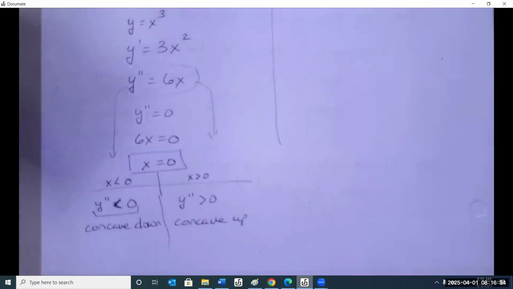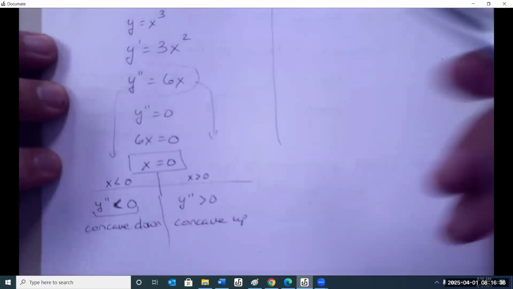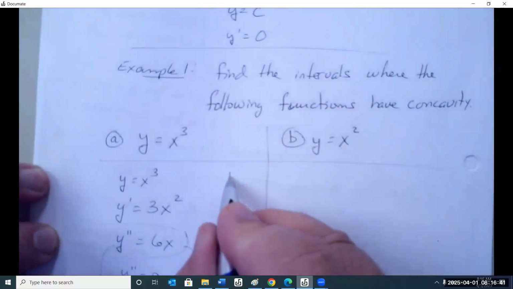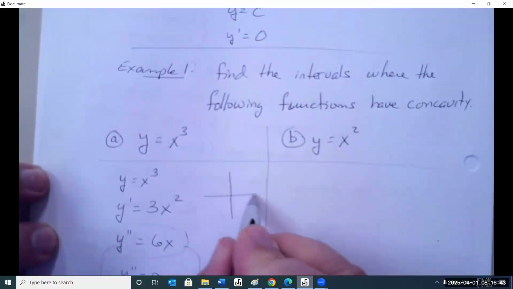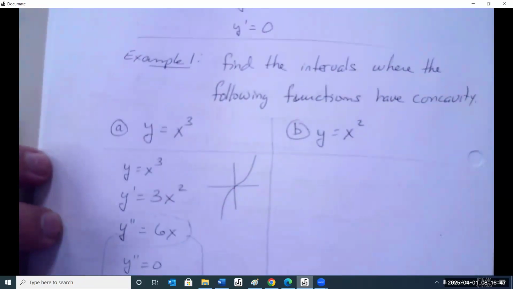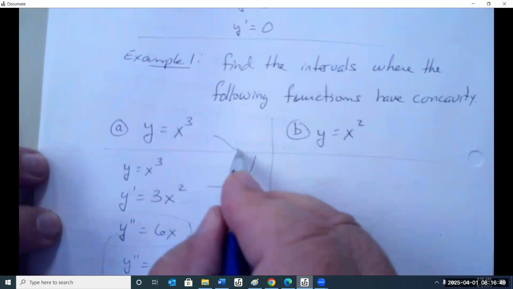And we know that because what does the graph of the cubic function look like? That's x cubed.